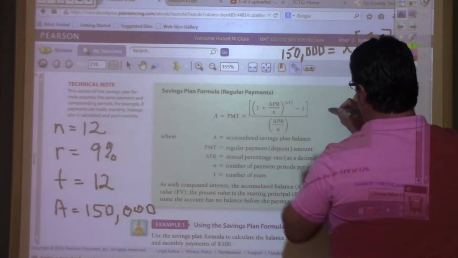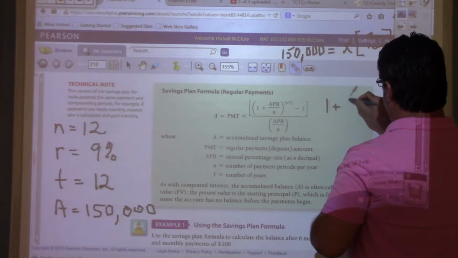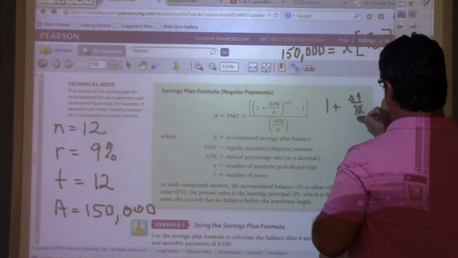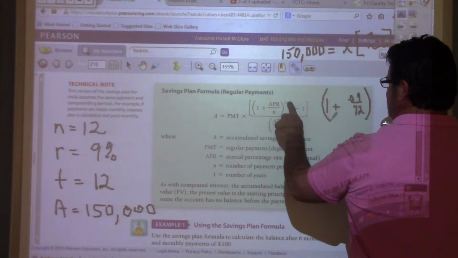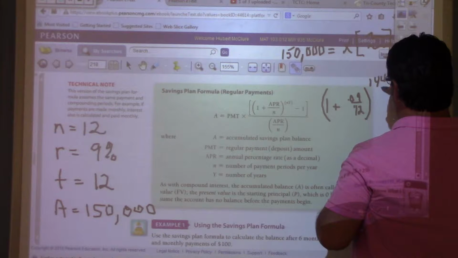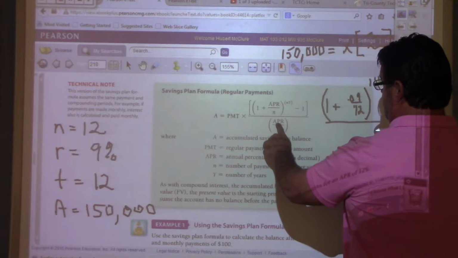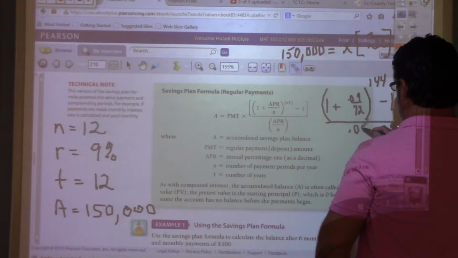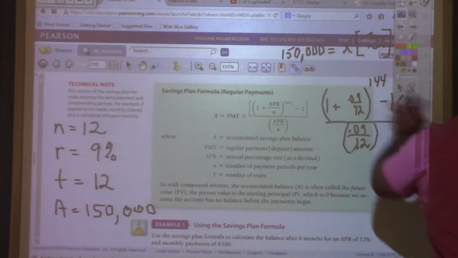So 1 plus 0.09 divided by 12 to the NT. Well, that's 12 times 12 is what? 144 minus 1 over 0.09 divided by 12. So we're going to do that in our calculator.